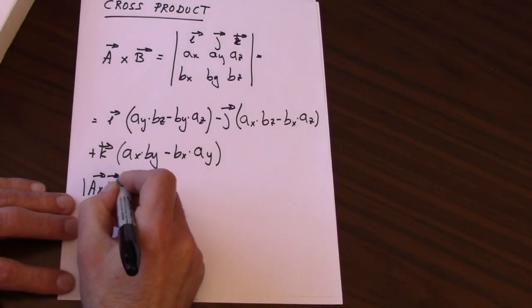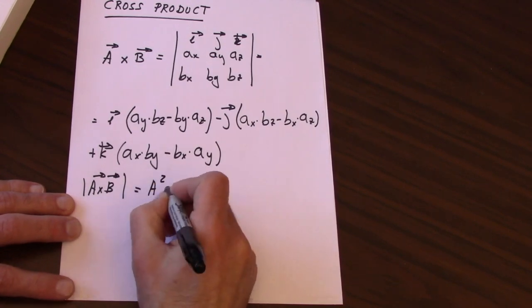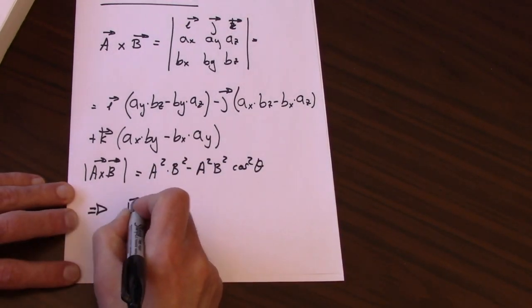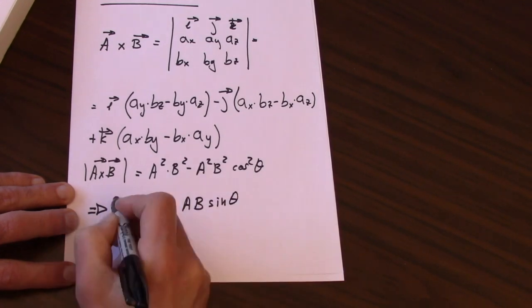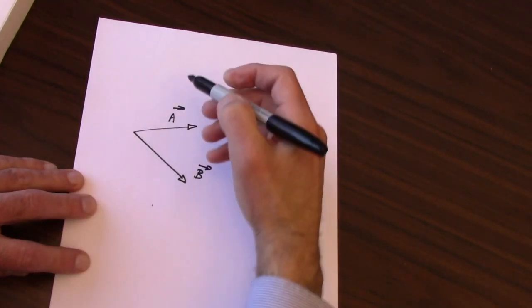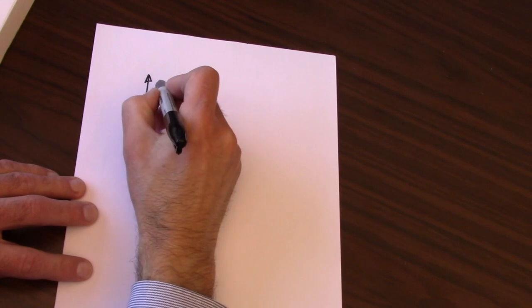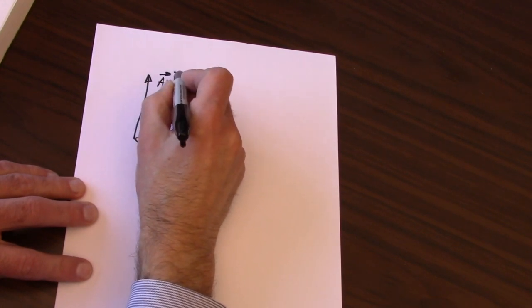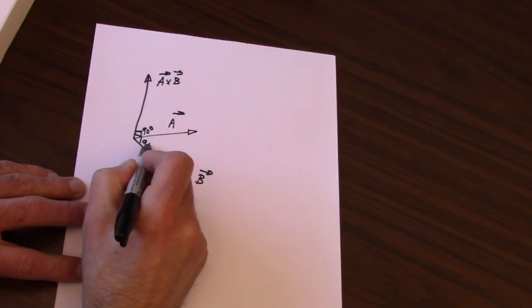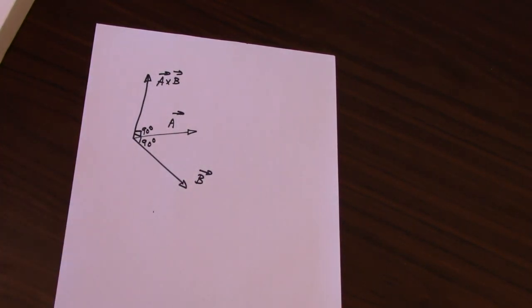The magnitude of the cross product corresponds to the area of the parallelogram of sides a and b. Remember that the direction of a cross b is perpendicular to a and to b.